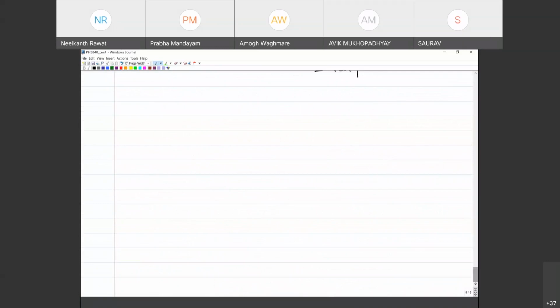What you're saying is that what I wrote as either 0 plus 1 or minus 1 by root 2, they actually write as 0 plus minus 1 to the f of x, 1 by root 2, right? What does this mean? When f of x is 0, this becomes 0 plus 1.